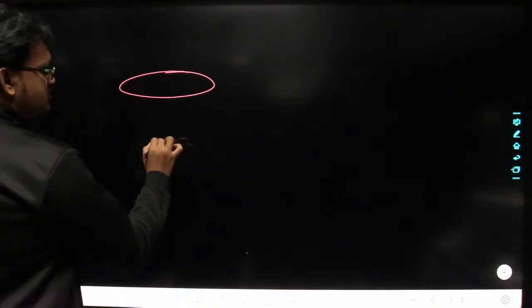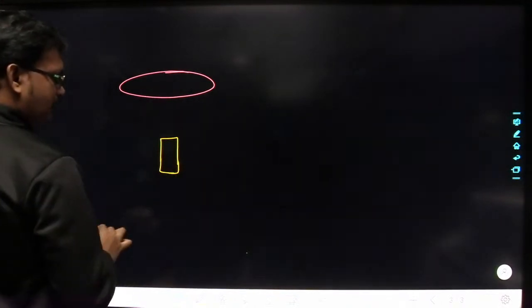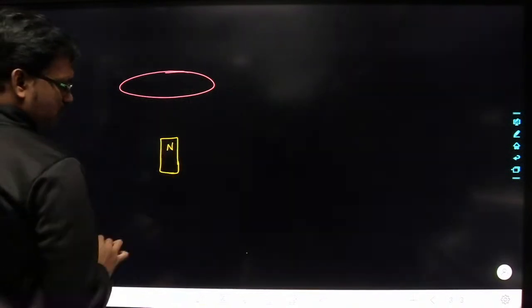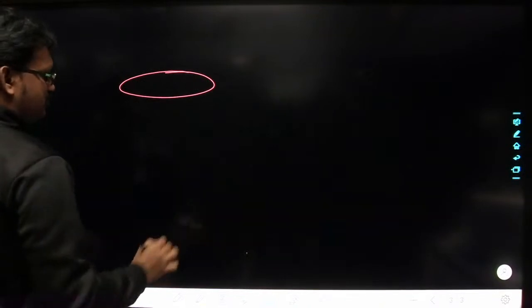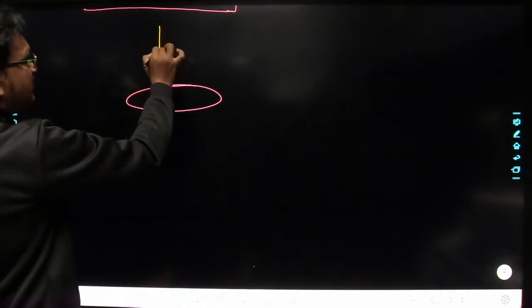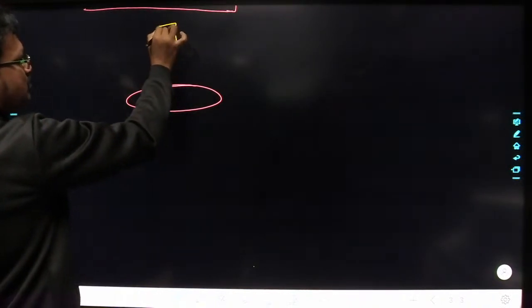So this is the magnet here, this is the magnet, right? Okay. I will do like this here. See here, I am taking the magnet here. Let us say this is the magnet, right? Okay. So let us say this is north pole and this is south pole.